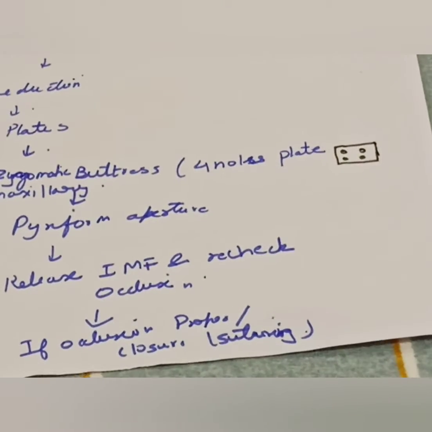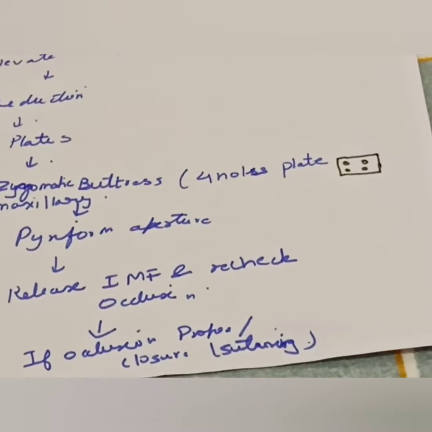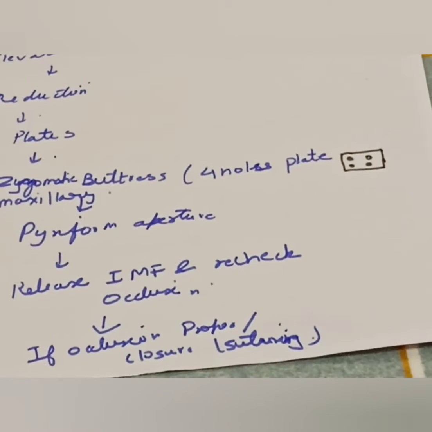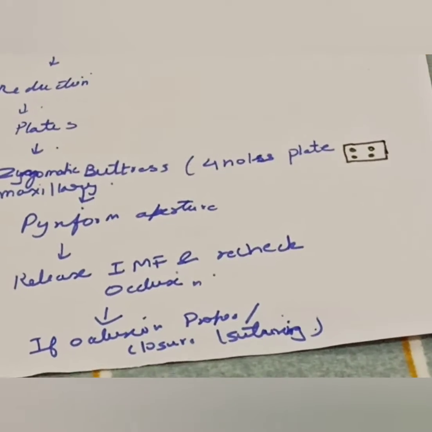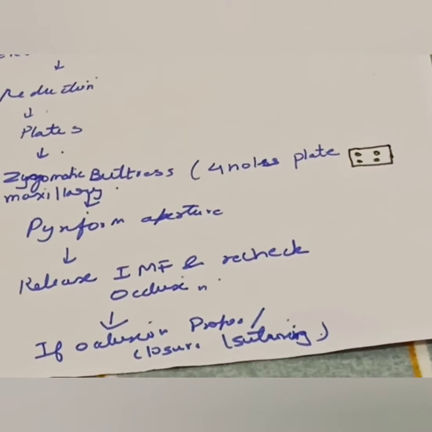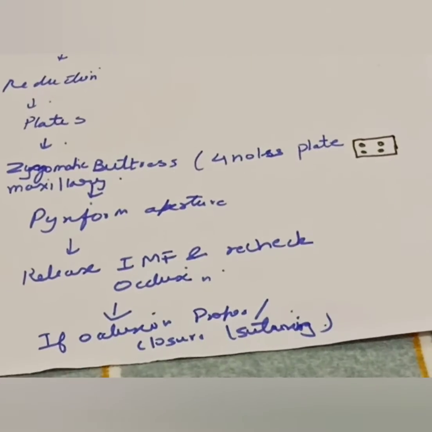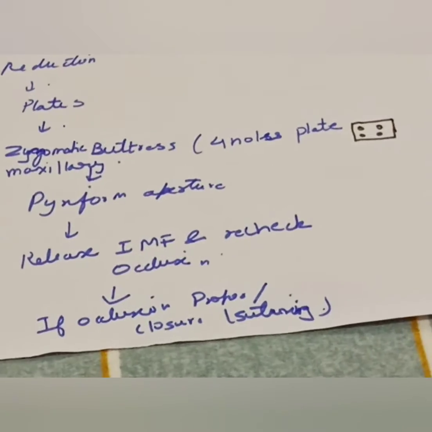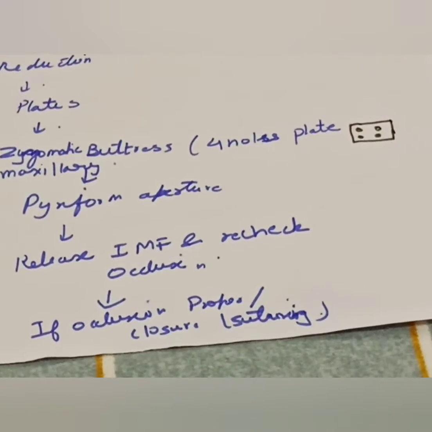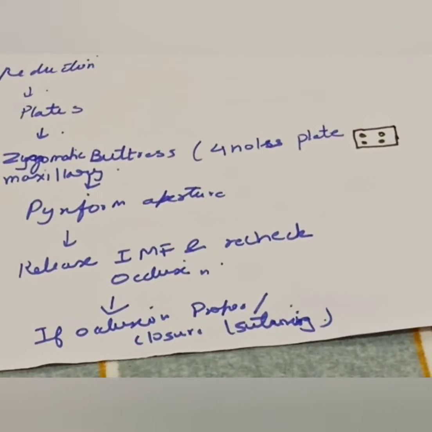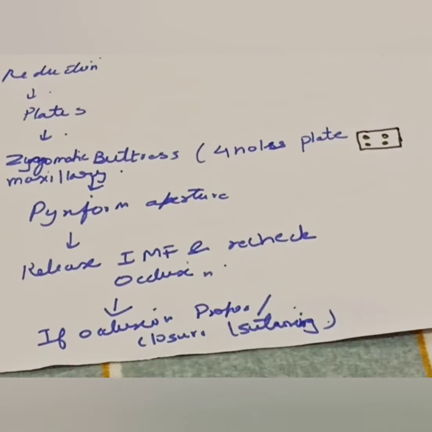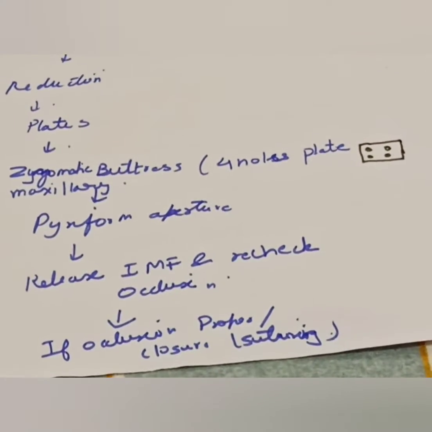So what are the different types of plates which we use? Mini plates are used, which are made of stainless steel, or metallic plates. Mostly the plates which we use are 4-hole plates with a gap. You are going to place the plates along the zygomaxillary buttresses and the pyriform aperture.